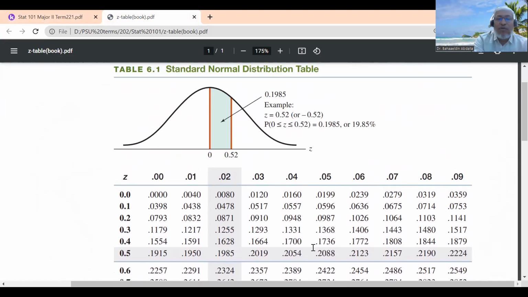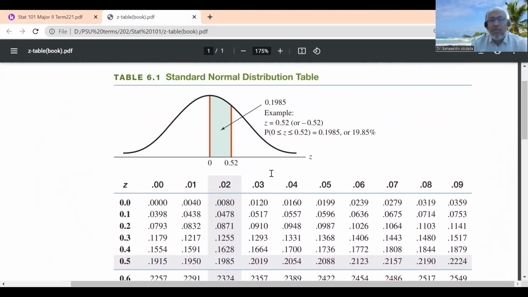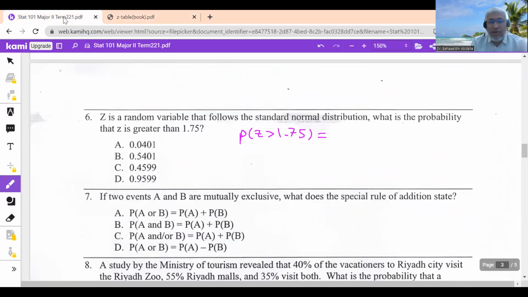So 0.4599 from the table would be the probability between 0 and 1.75. But we need the probability that Z is greater than 1.75. So here is 1.75. We need this probability, but the table gives us this probability.